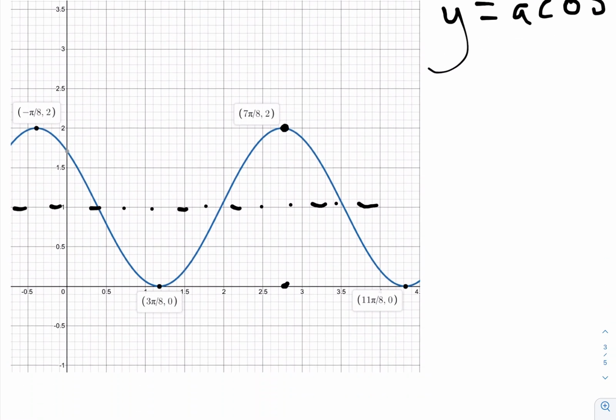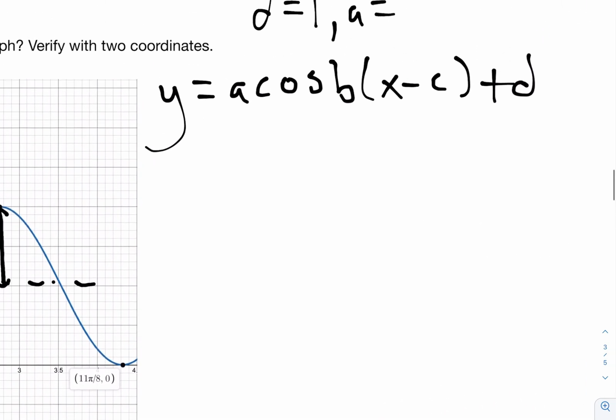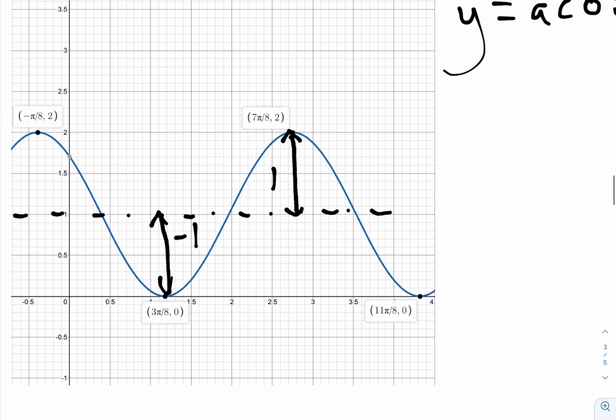Now let's find a. Well, if our d value is 1, if our midpoint's right in the middle at 1 here, to get from 1 to 2, we have to go up 1, and to get from 1 to 0, we have to go down 1. So the magnitude of the a value is going to be 1, but if we're trying to find cosine, is that going to be positive or negative 1?